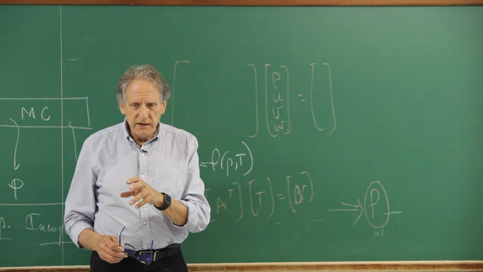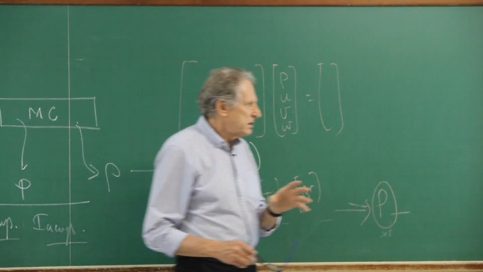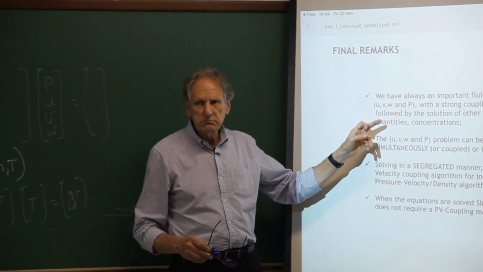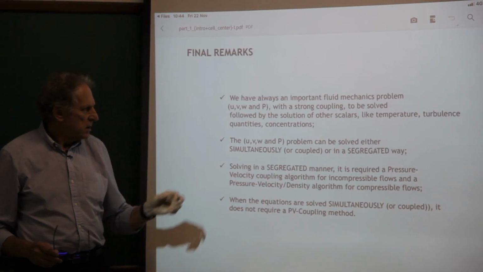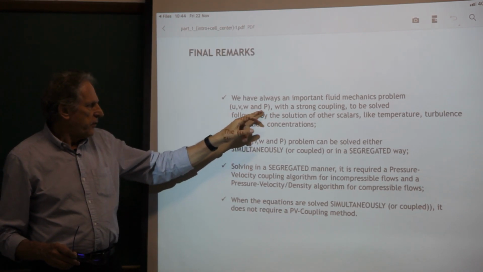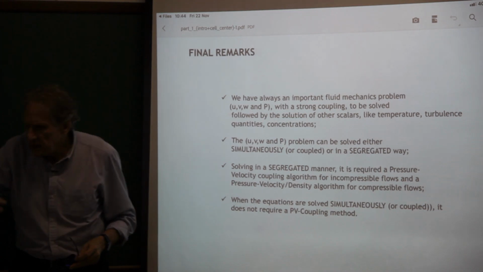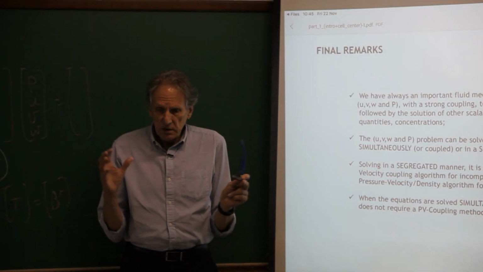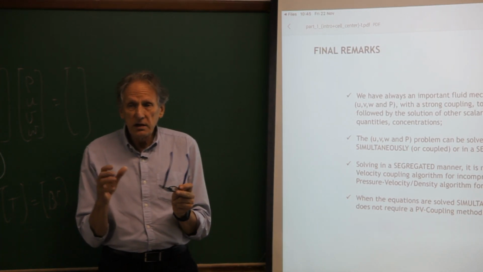Keep in mind that we have always a very important coupling in fluid mechanics. It's U, V, W, and P. This is the strong part of the problem, followed by the solution of other scalars. And for the other scalars, we solve each matrix for each one. But when possible, it's better to put U, V, W, and P together.